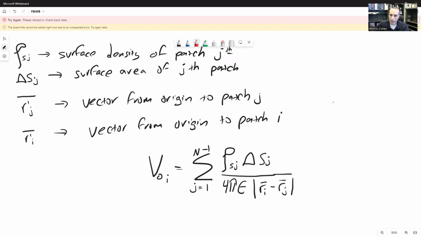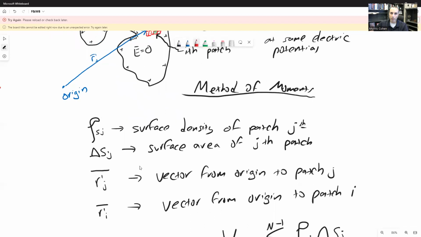This part down here, this absolute value, is sort of our replacement for r, right? It's a distance from the charge to the location where you're observing or calculating the potential. In this case, it's just a difference from the jth patch to the ith patch, right, where we're actually calculating things.